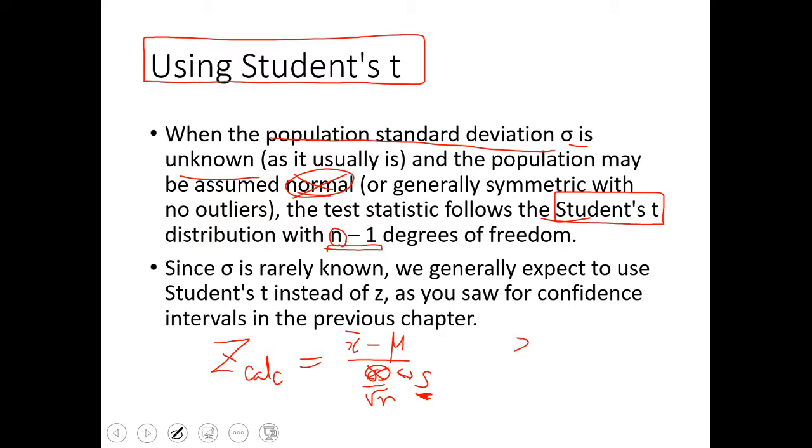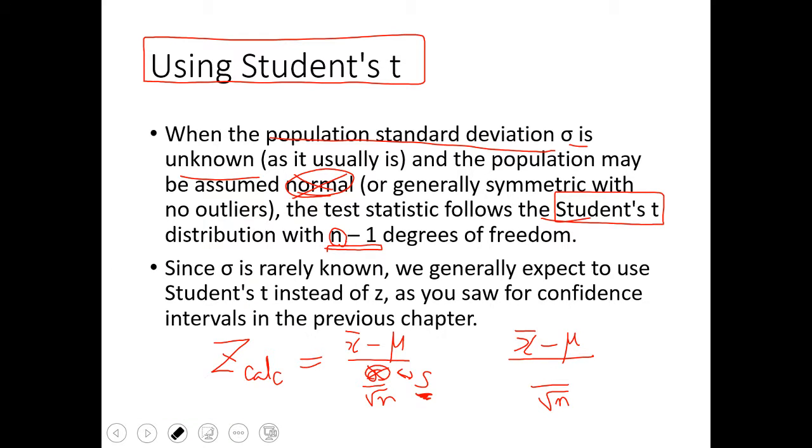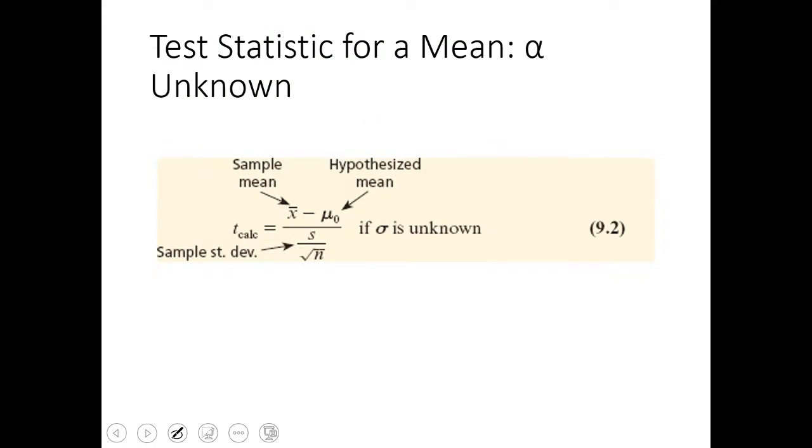So we use x bar minus mu divided by s over square root n. Then this statistic is not z, it is t calc. That is the t statistic. We will use the notation t instead of z.